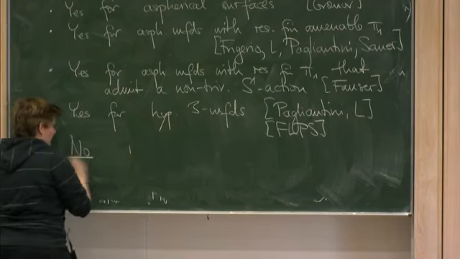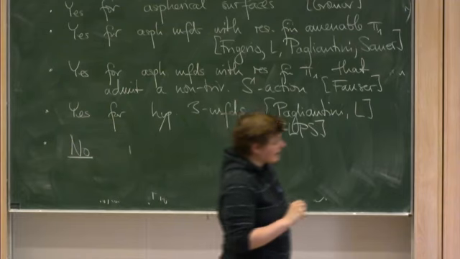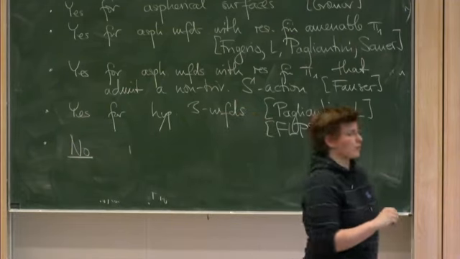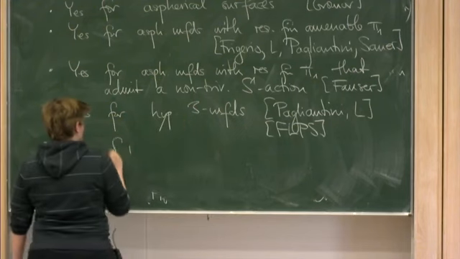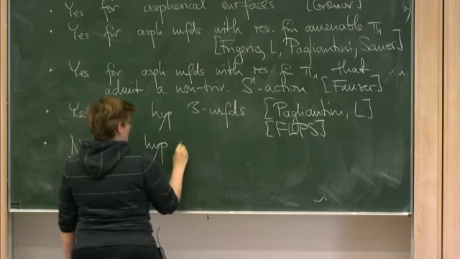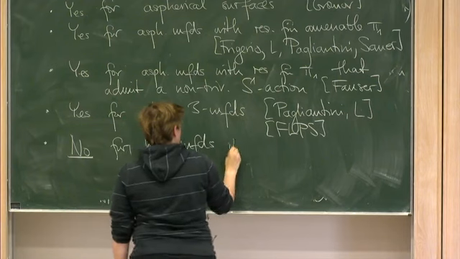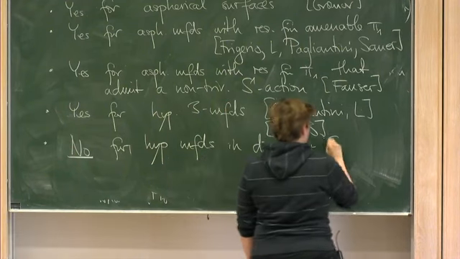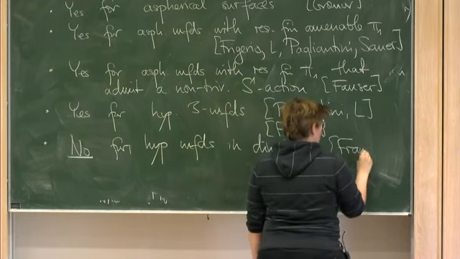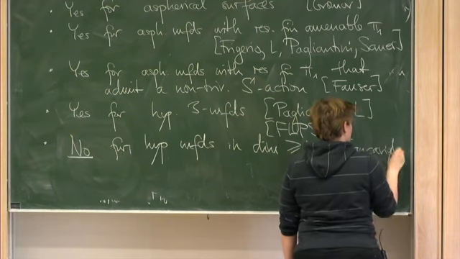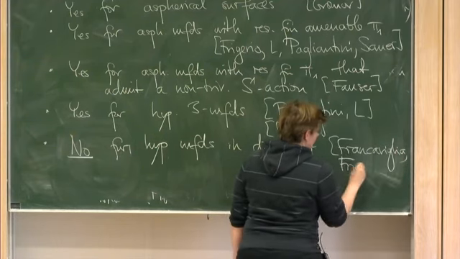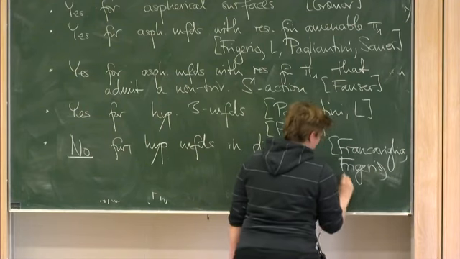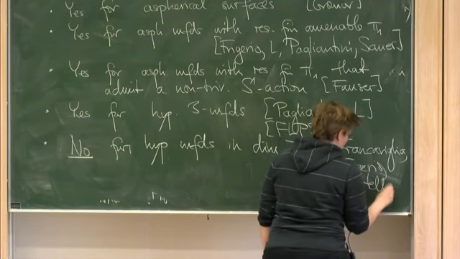So the very bad news is that for higher dimensional hyperbolic manifolds, it's definitely not true. So no for hyperbolic manifolds in dimension at least 4, and this was proved by Francaviglia, Frigerio, and Martelli.